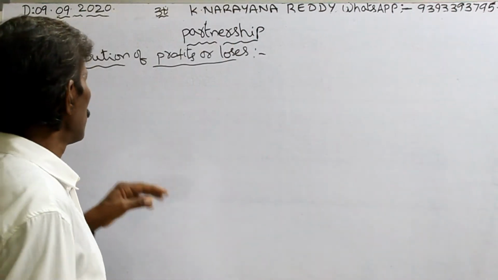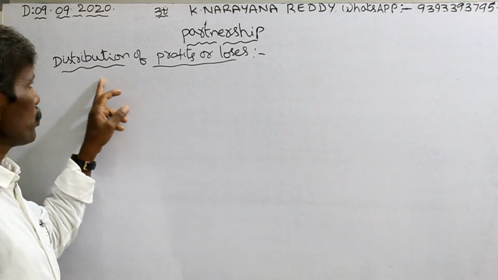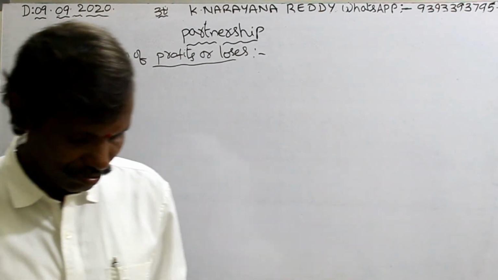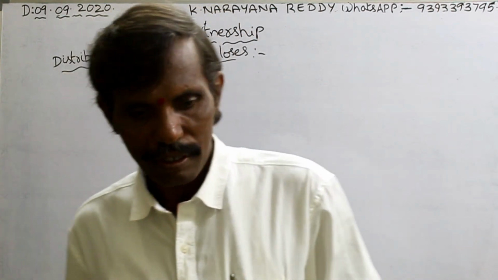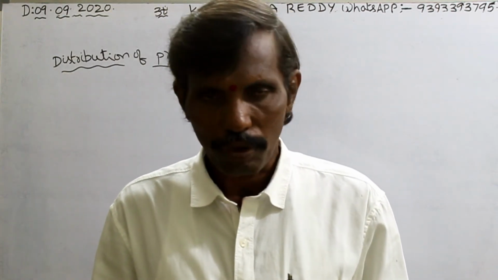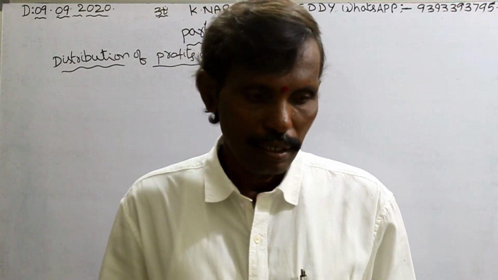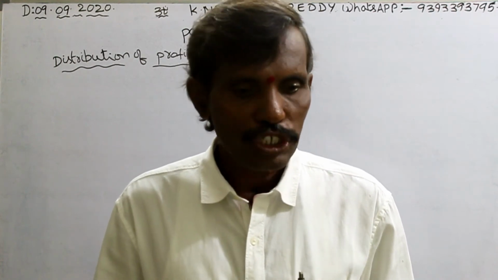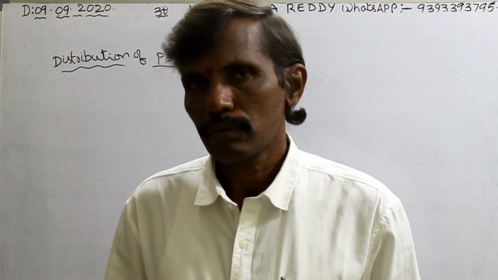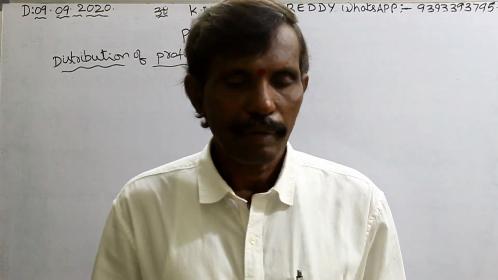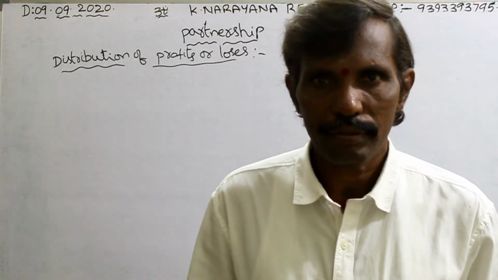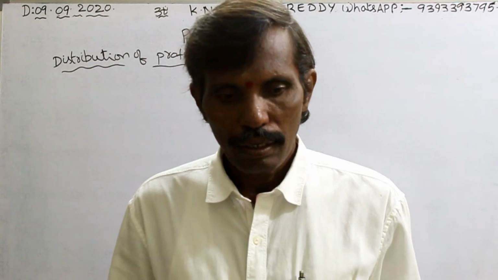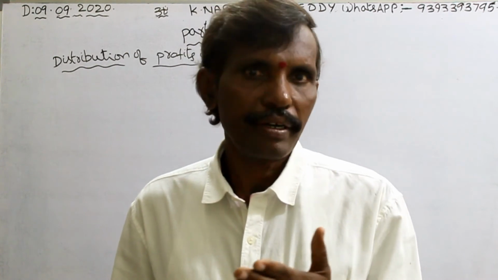Okay? See here. Distribution of profits or losses, or gain or loss. How can we distribute the gain or losses among the partners, among the persons? Simply, this distribution of losses or gains or profits depends on their investments and time period, for different time periods with different amounts.